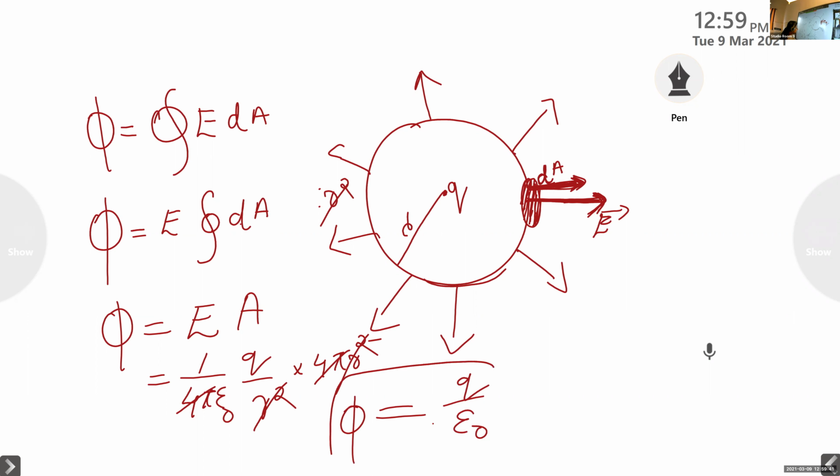This is what Gauss's law states. That is, the net electric flux over a closed surface, or diverging from a closed surface, is equal to 1 by epsilon 0 times the net charge enclosed by the surface. Here q is the net charge, epsilon 0 is the permittivity of free space and phi is the electric flux. Clear?